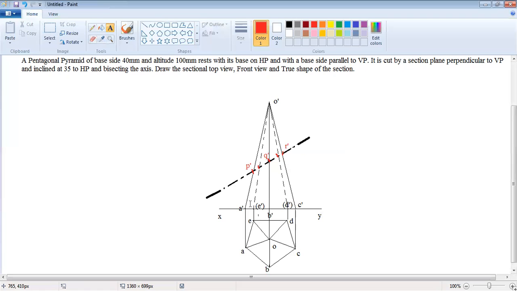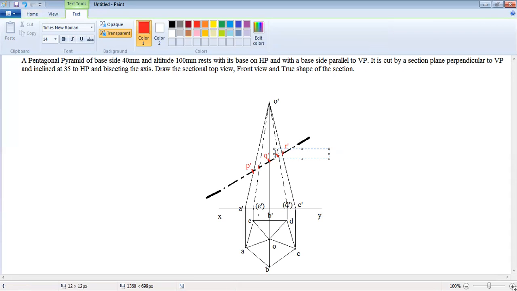First the visible lines OA, OB, OC: for that, OAP, OBQ, and OC. And OD, in brackets, as it is invisible. Then PQ, RS, T.